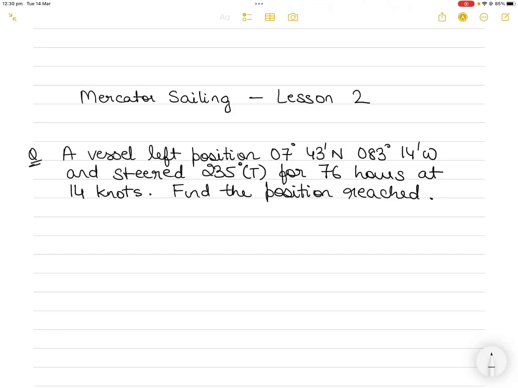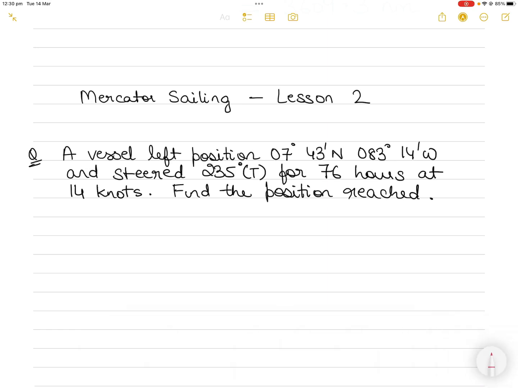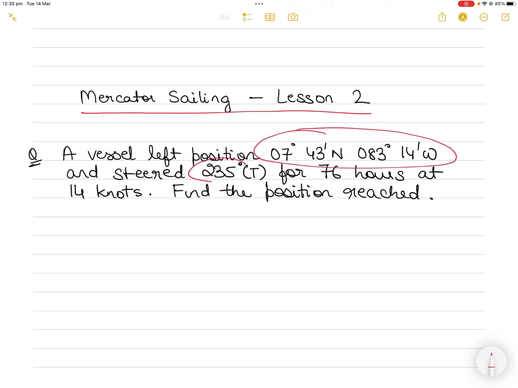Okay, so welcome to lesson 2 of Mercator Sailing, and in today's video we take up a new type of question where we discuss how to find the arrived position when a position of departure, a course and a distance is mentioned.